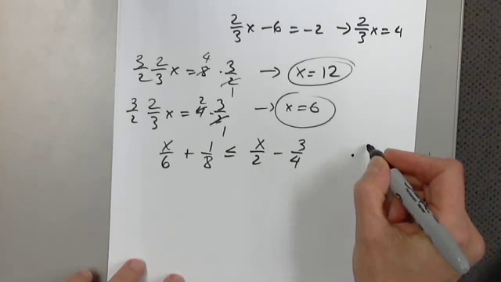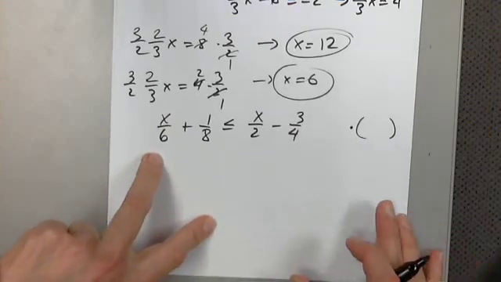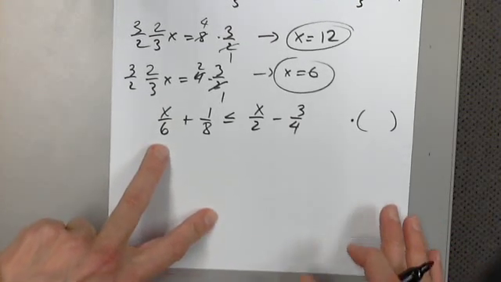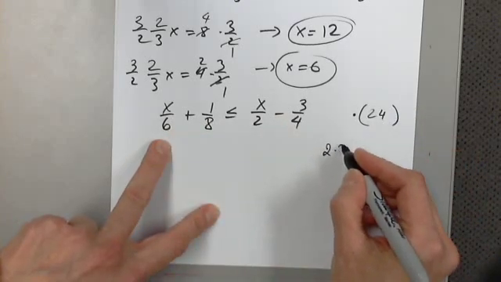So I would like to eliminate what? All fractions. So what do I multiply by? So yes, so let me say it again. Perfect. Let me just show how we get 24. 6 is 2 times 3.